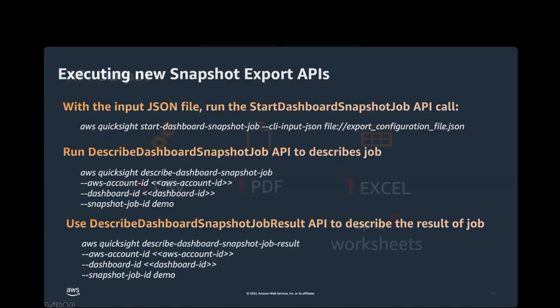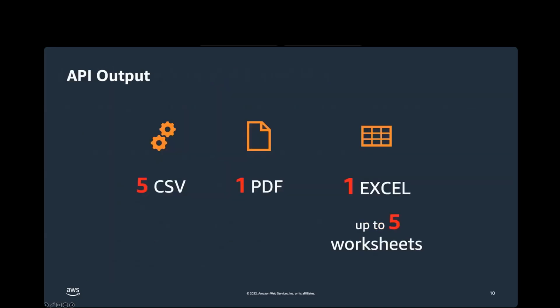Next, it is important for you to remember that in one single API call, you can actually generate 5 different CSV files, 1 PDF file containing a paginated report, as well as 1 Excel file with up to 5 different worksheets.